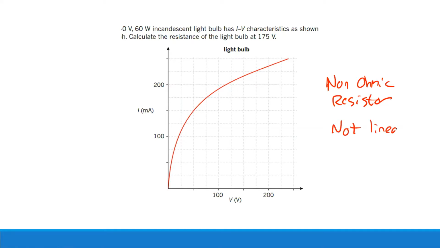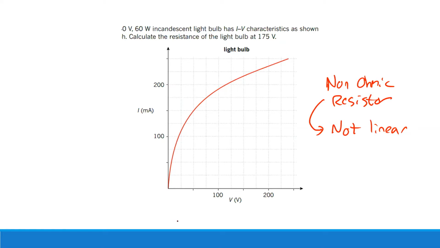That is correct, because it's non-ohmic, because it's not linear. This should be linear. As the voltage goes up, the current should go up. As you push more energy, as you push those electrons, they should move faster. What you're seeing in this one is that as you push those electrons, the electrons don't necessarily move faster and faster.